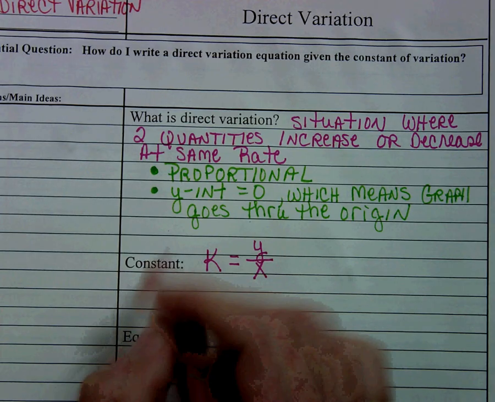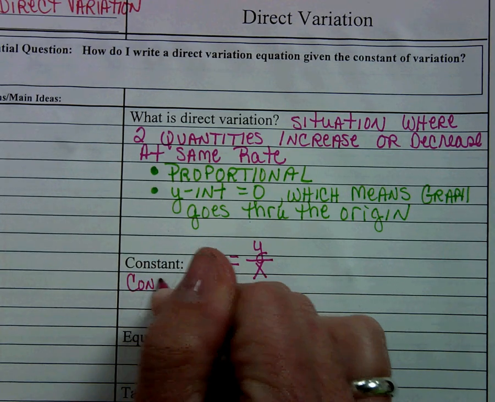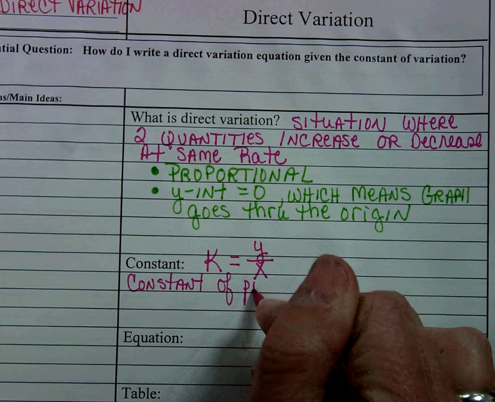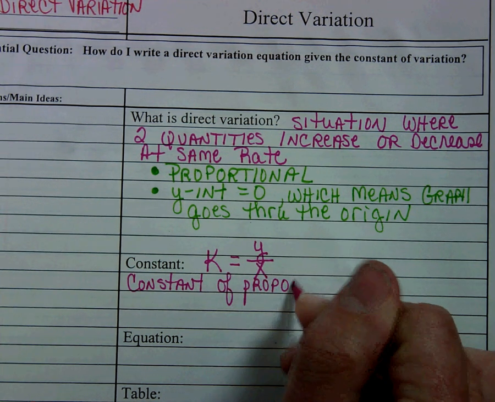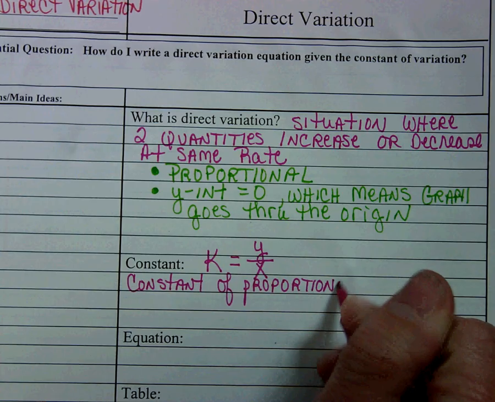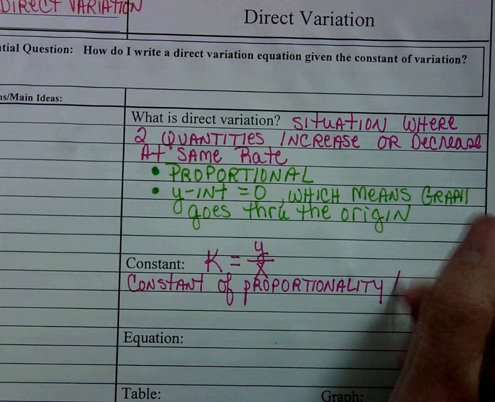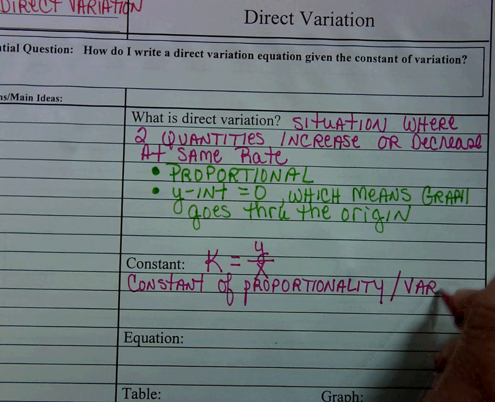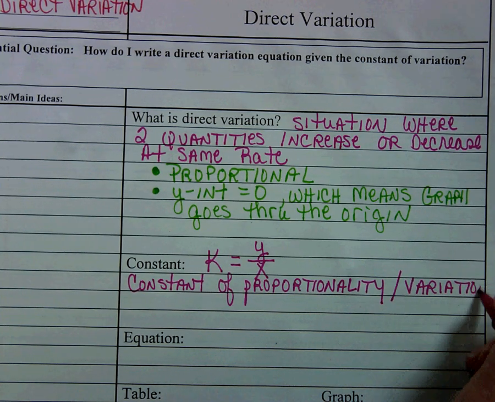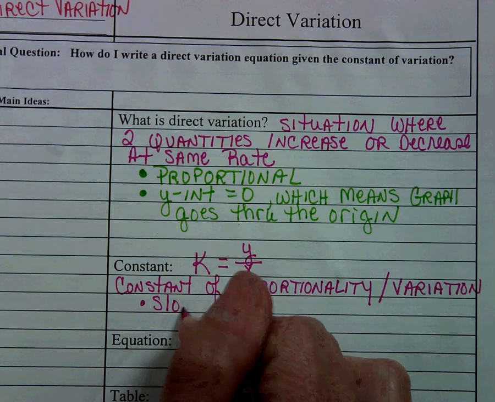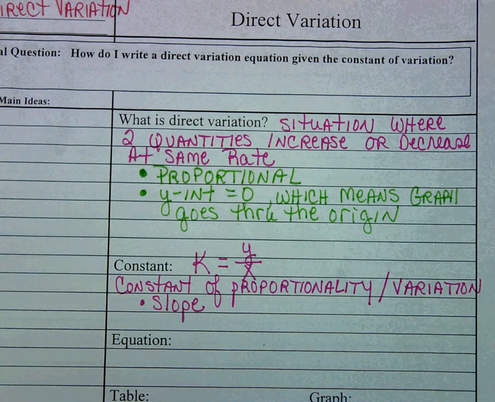Basically, this is called the constant of proportionality. Or sometimes you see it called the constant of variation, which is basically the slope. The constant of variation, the constant of proportionality, is the slope.